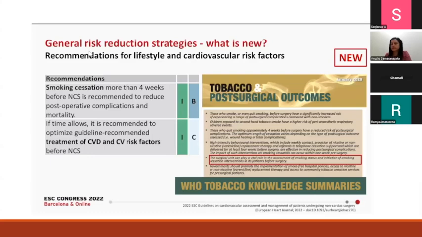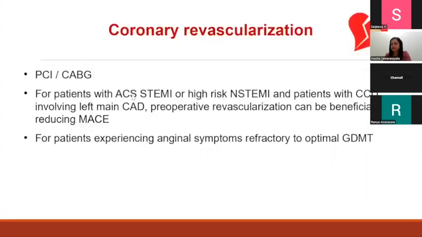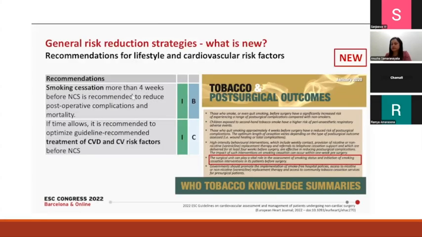I'm highlighting the importance of smoking cessation here, because according to the guidelines, it is recommended to stop smoking for more than 4 weeks.